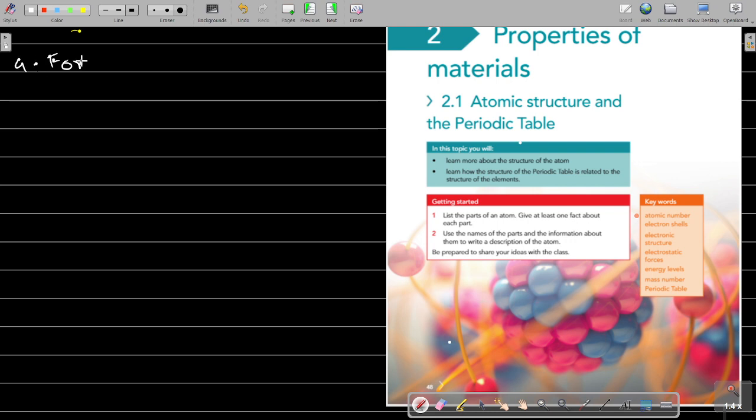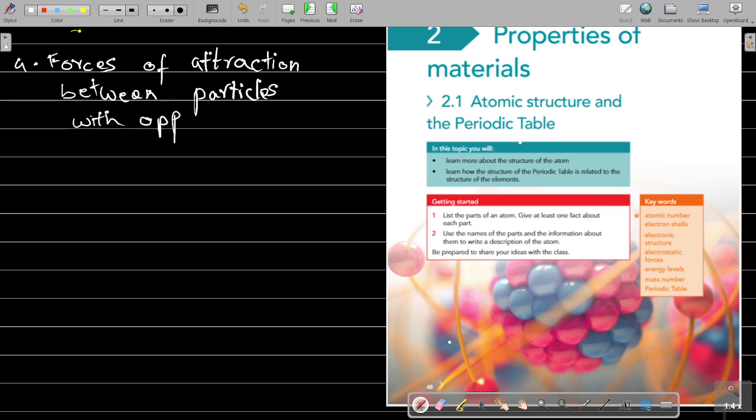Forces of attraction between particles with opposite electrical charges.